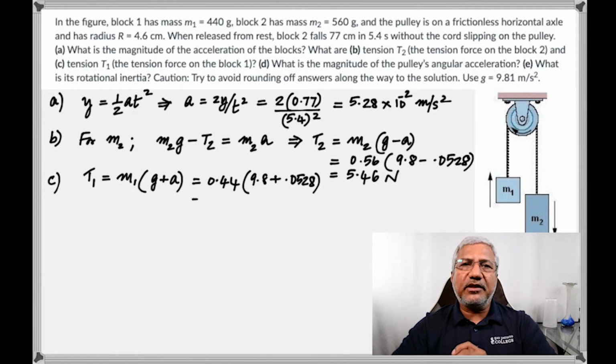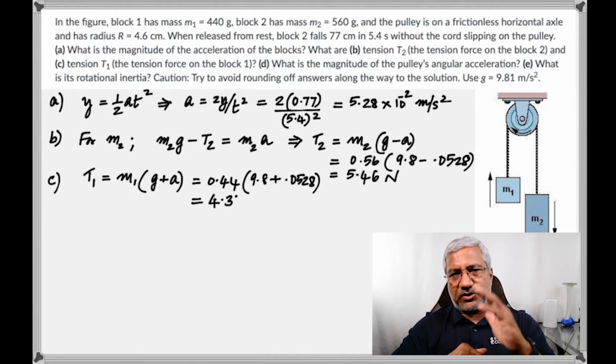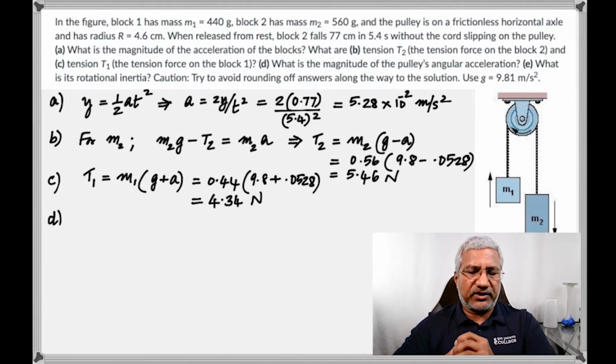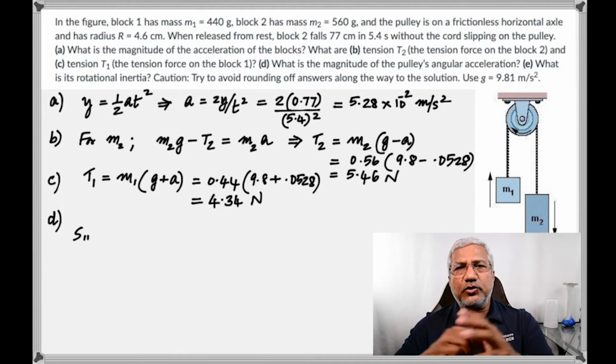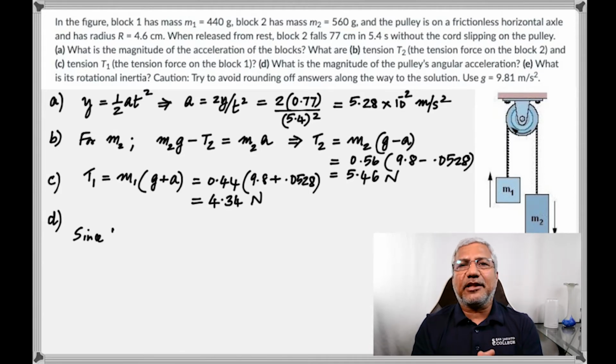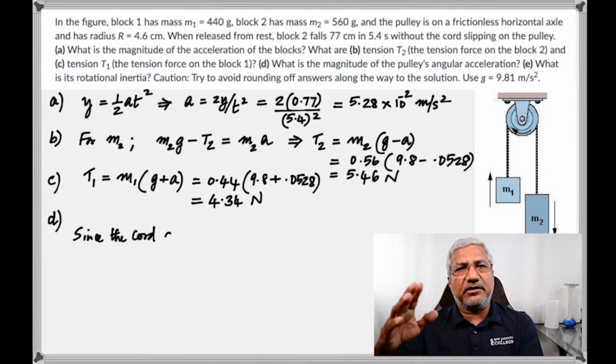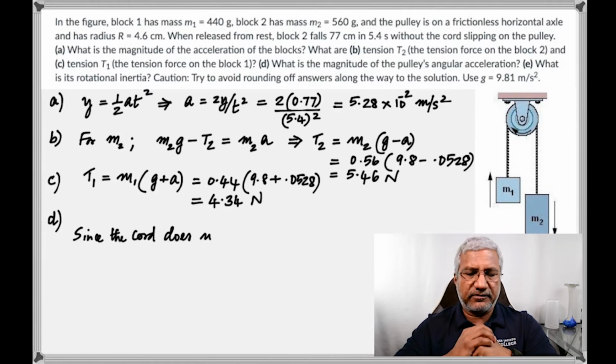And you get the tension in the string connected to M1, on the left side. Of course, you see that that tension is less than T2. So the heavier mass, wherever it's connected, there the tension will be higher.